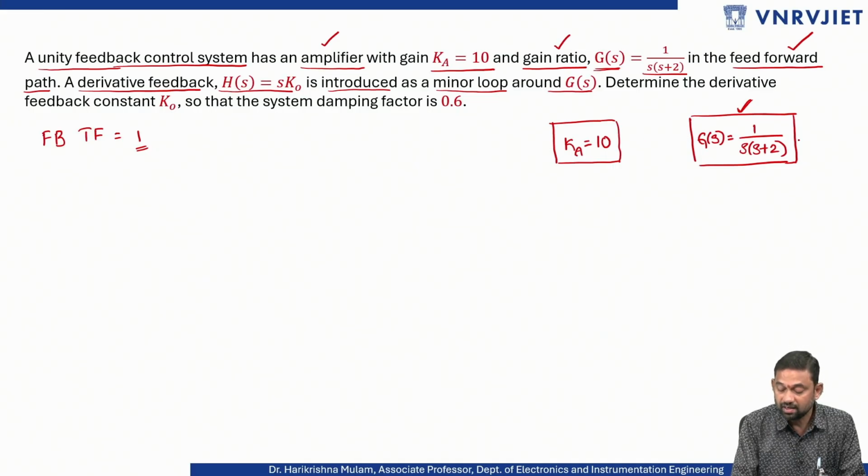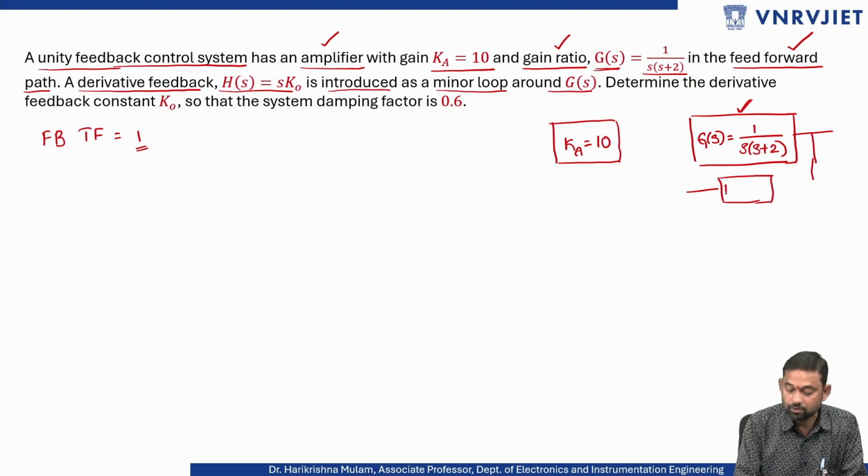Therefore, if there is a feedback around this G of S as a minor loop, we can represent it like this. This is the minor feedback loop, H of S is equal to S K naught.